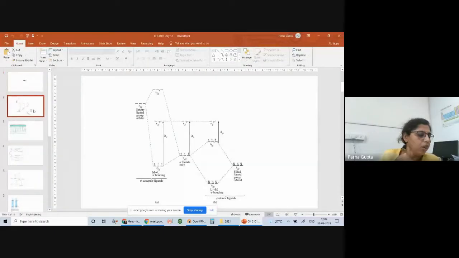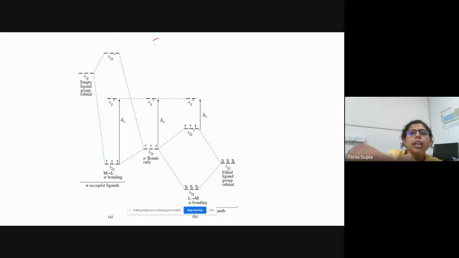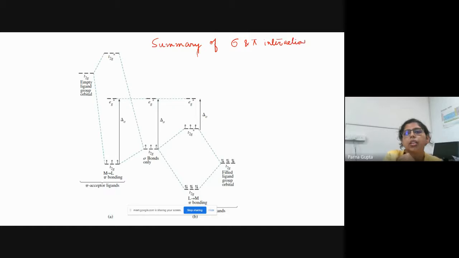Okay. So if you just look at these diagrams, we can say this is the summary of sigma and pi interaction in terms of d orbital energy.